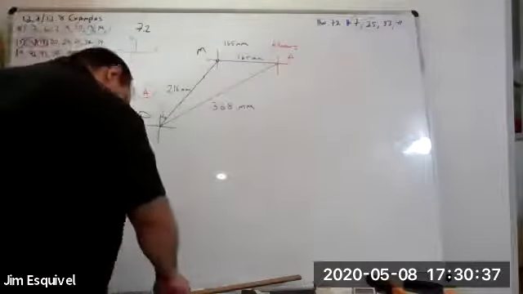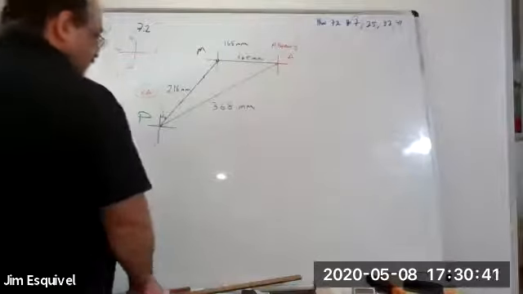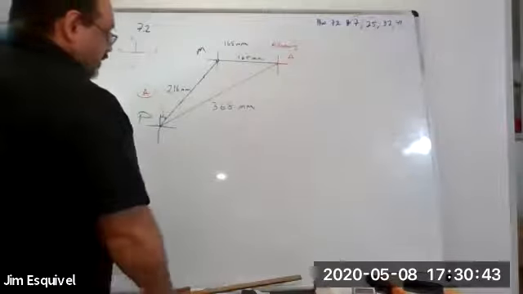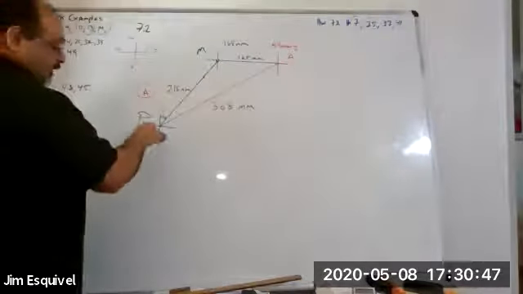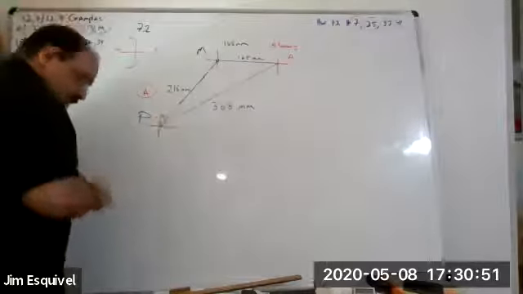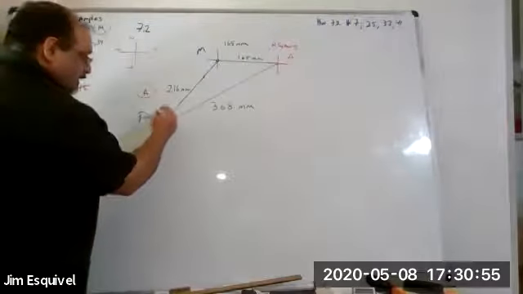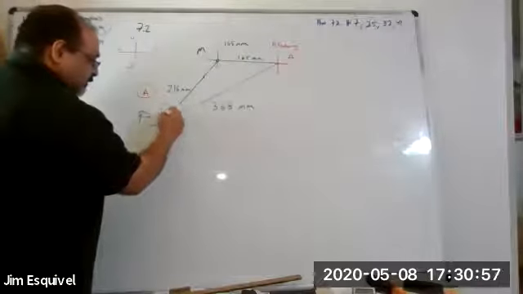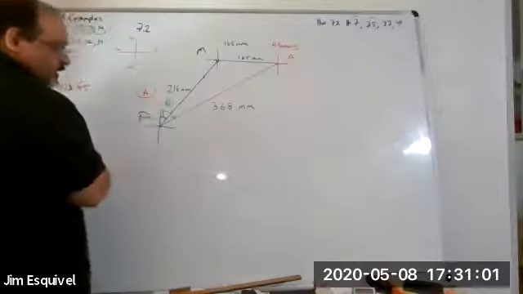And then part B, find the bearing of Albany from Phoenix. So how do I get to Albany? What heading would I take to fly to Albany from Phoenix? So part B is, what is this heading? That's part B.